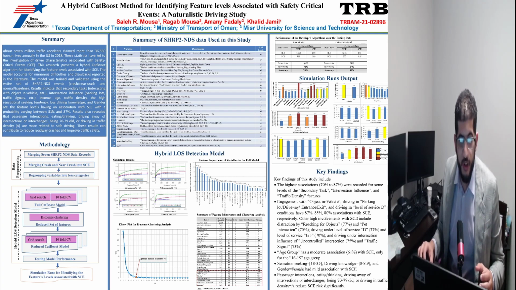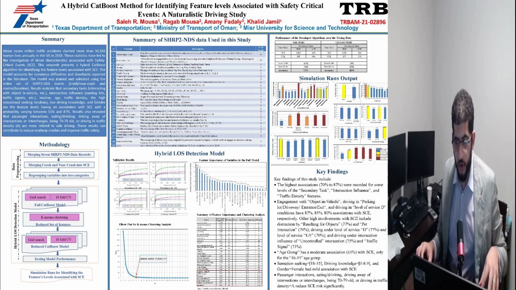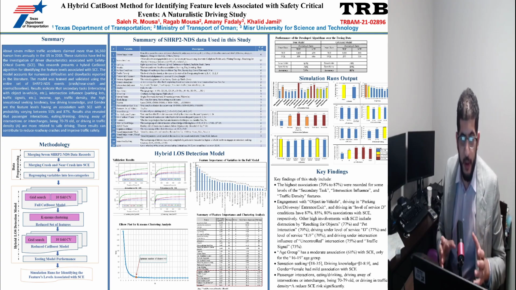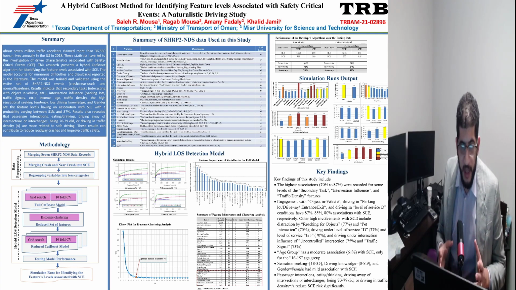And finally, passenger interaction, eating and drinking, driving away from the intersections or interchanges, not close to them, being 70 to 79 years old, or driving in traffic density A, all these reduce the safety critical event risk significantly. So this was a very brief overview. I'm glad to hear any questions, and thank you very much for your time and your interest in our work.